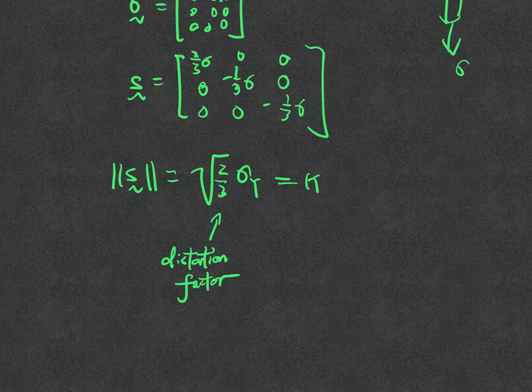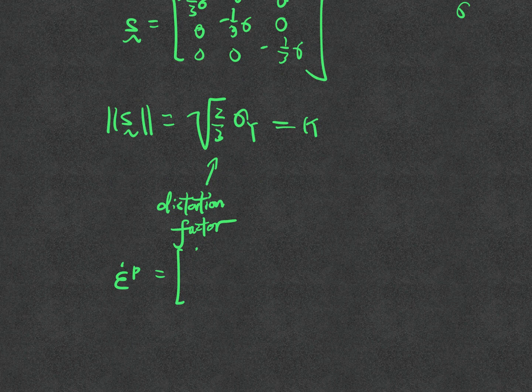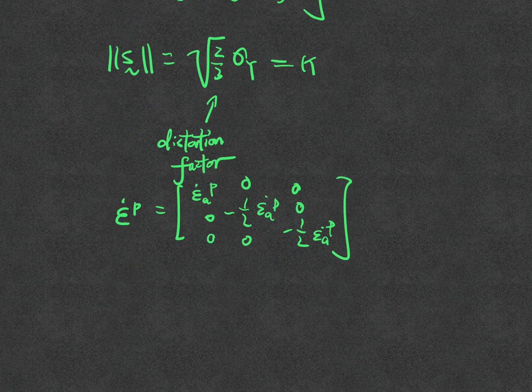Now we can do the same thing by calculating the plastic strain. The plastic strain rate should look like the following. The axial epsilon A is the axial strain, and that should be equal to epsilon A P dot, with minus 1/2 epsilon A P dot in the other two components.